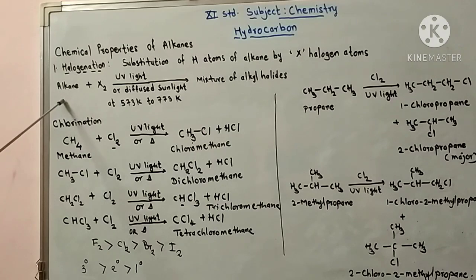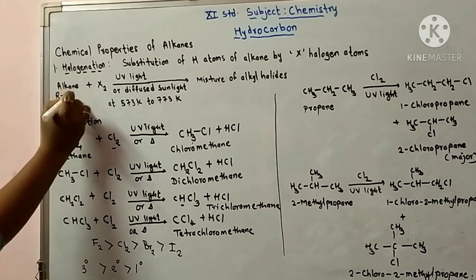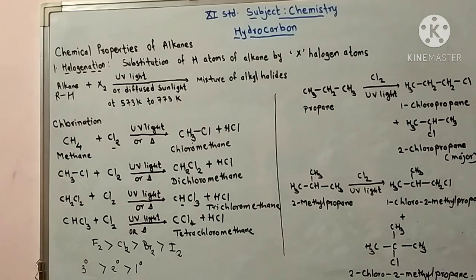In this, the alkane reacts with halogen, that is, halogen molecule X2. Alkane, having the formula we can represent as RH, reacts with halogen molecule in the presence of UV light or diffuse sunlight, or at higher temperature, 573 Kelvin to 773 Kelvin.